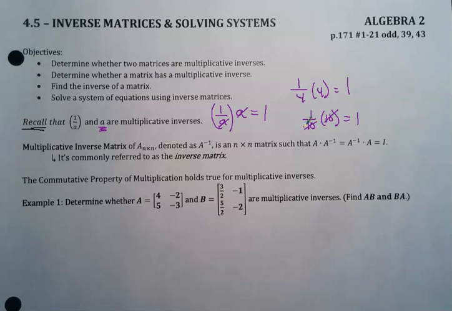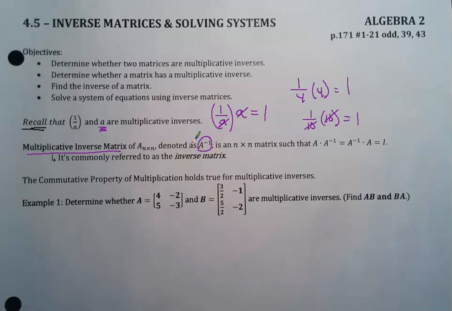However, a multiplicative inverse matrix of matrix A, that's n by n, doesn't matter if it's a 2 by 2, a 3 by 3, whatever, is denoted as A to the power of -1.